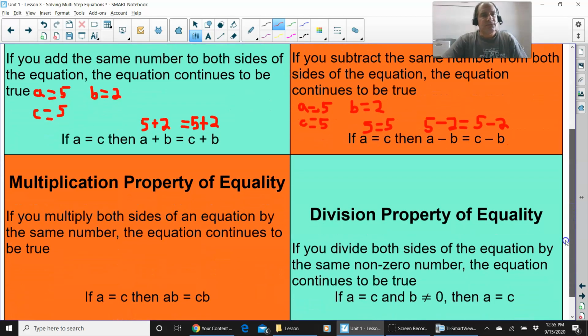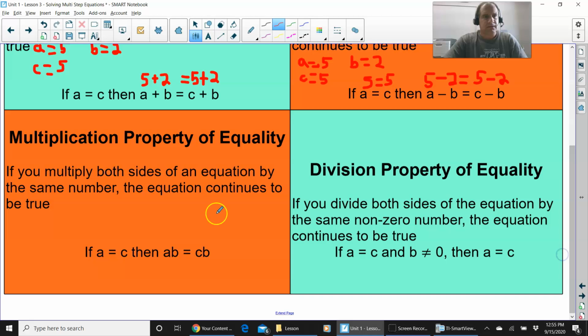Now moving down to multiplication property of equality, and thinking about A equaling 5 and C equaling 5. The same thing happens.